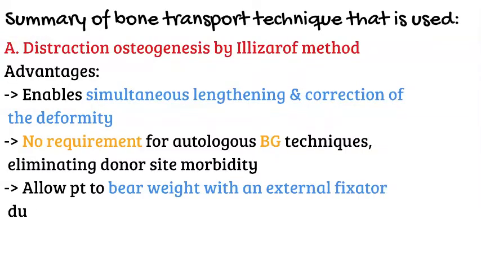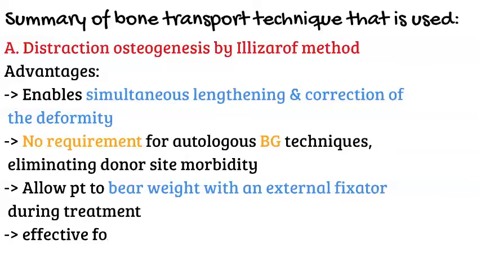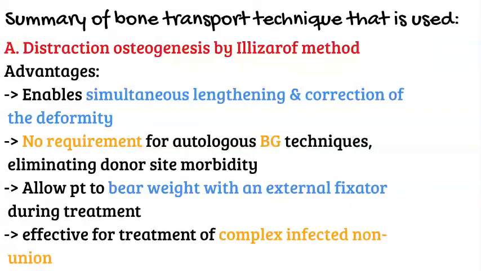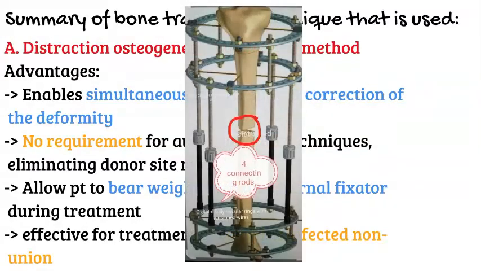There is no requirement for autologous bone graft techniques, thus eliminating donor site morbidity. It allows the patient to bear weight with an external fixator during the treatment. It is an effective treatment of complex infected non-union.